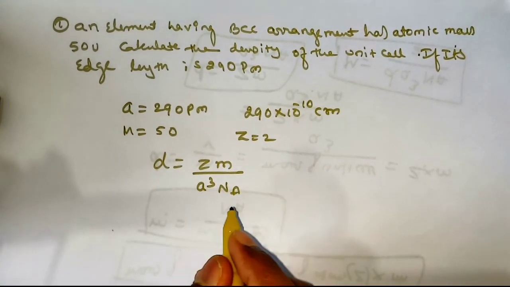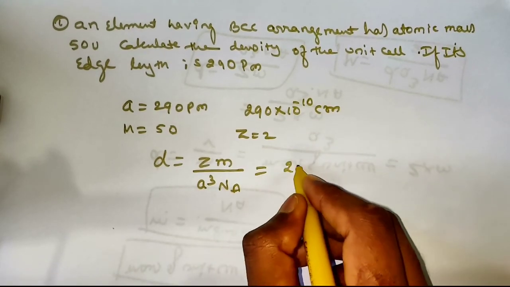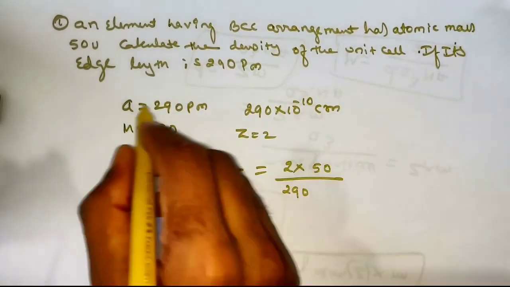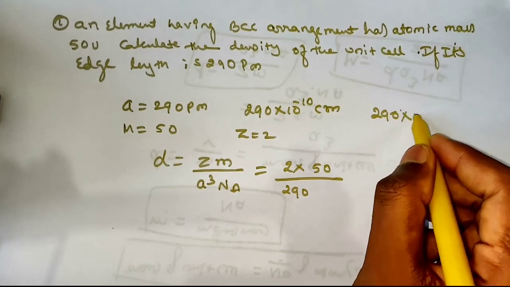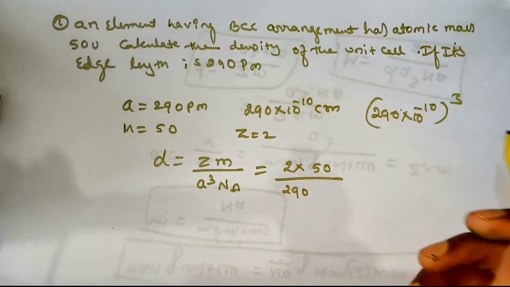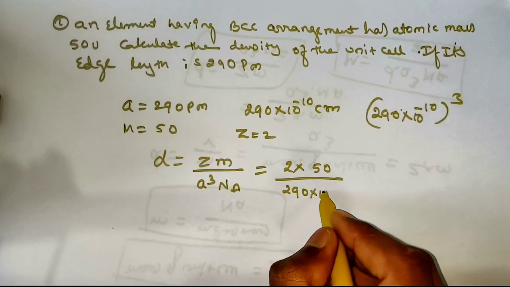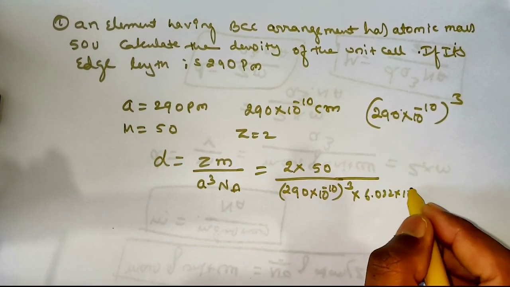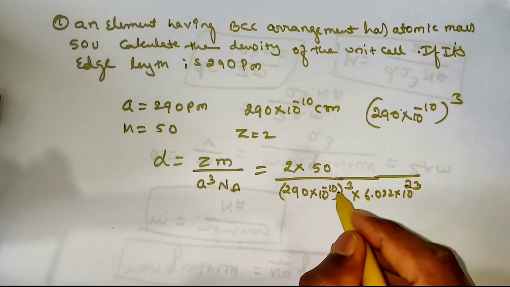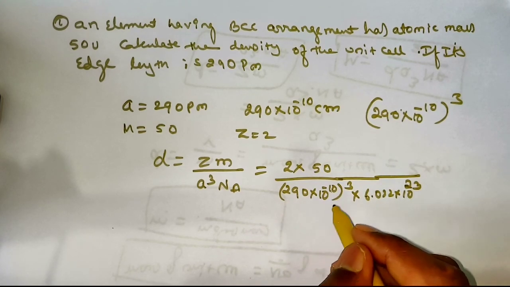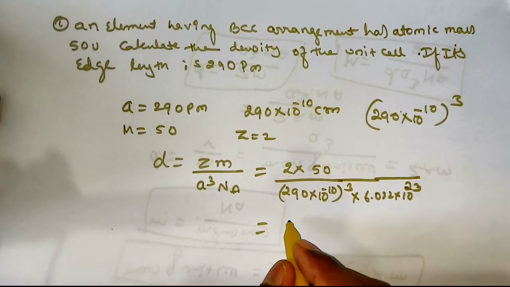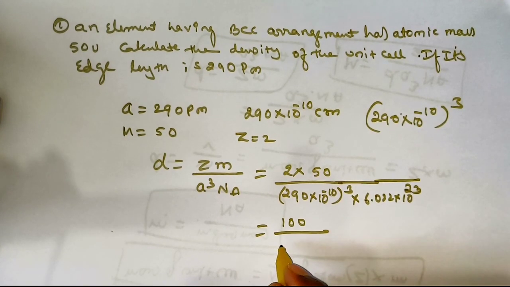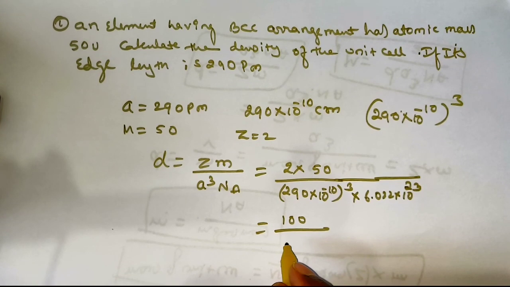Na is our Avogadro number, and the rest everything is given. So Z is 2 into M is 50 upon 290 into 10 to the power of minus 10 whole cube, into 6.022 into 10 to the power of 23.